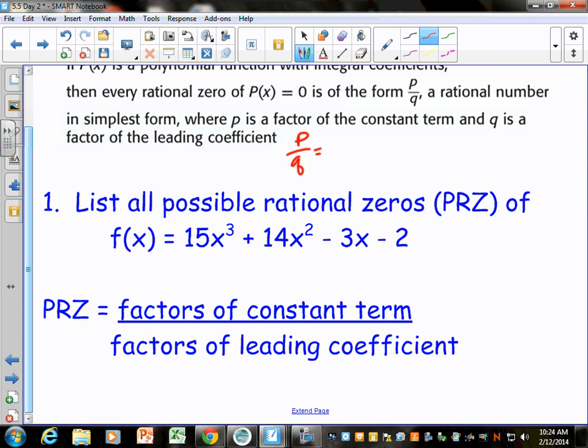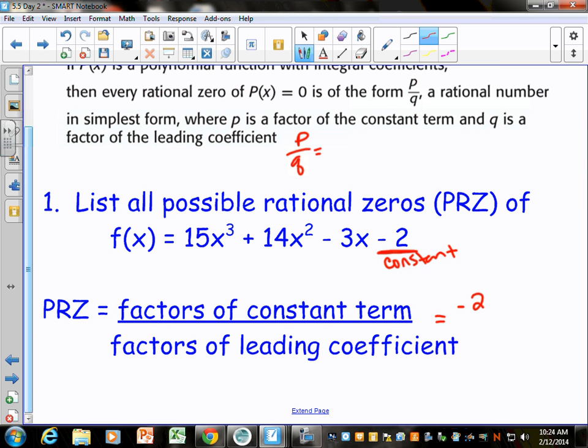So if we want to take factors of the constant term, what is the constant term in this problem? The constant term is the number at the end, the one with no variable with it. So maybe you want to write that if you don't know that. The constant term on this one would be -2 over factors of the leading coefficient.